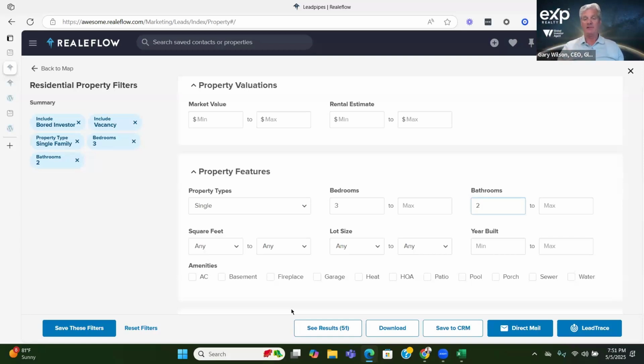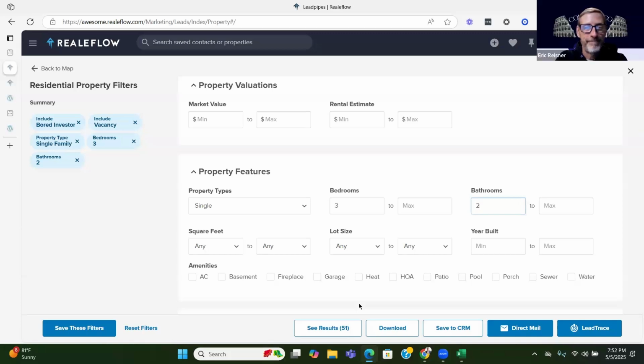Now, Eric, I could add things like they have to have a garage, they have to have a basement, things like that. But really, if I had 51 single family homes with 3 bedrooms and 2 bathrooms that had vacancies, and the owners owned them more than 10 years, what are my odds, do you think, of actually finding a seller out of that group of 51?